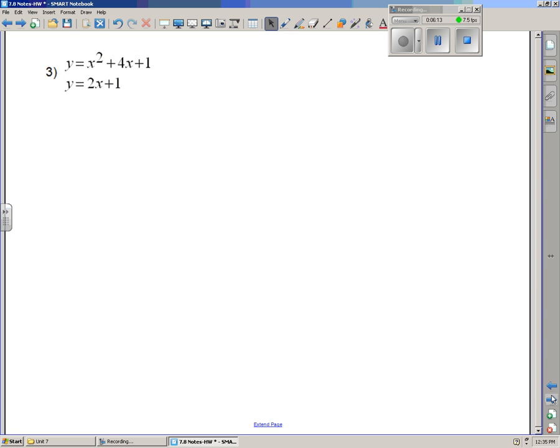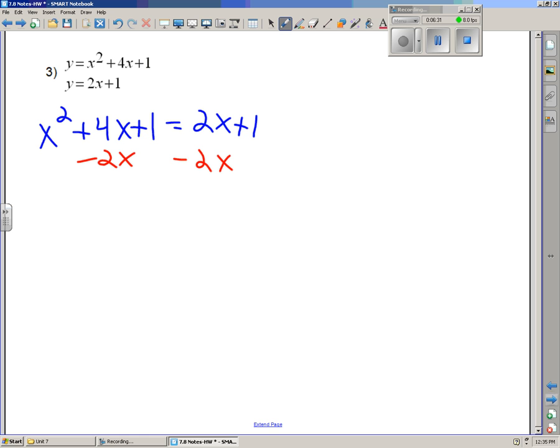Alrighty, so we've got y equals x squared plus 4x plus 1, and we've got y equals 2x plus 1. We've got y equals y. I'll put the quadratic on the left and the linear on the right. I'm going to bring everything to the left-hand side to set my equation equal to 0.